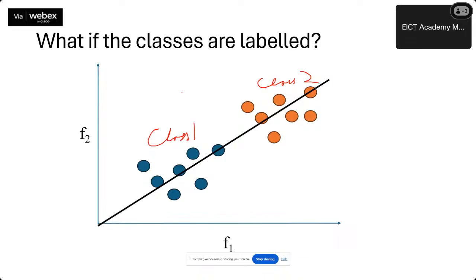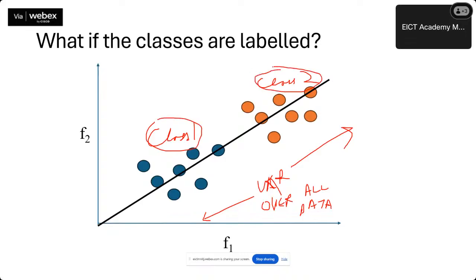Now, if I was a PCA, I would have maximized the variance. That's what PCA does, to select axes which maximize variance over all data. But I have an extra information, and that extra information are these class labels.